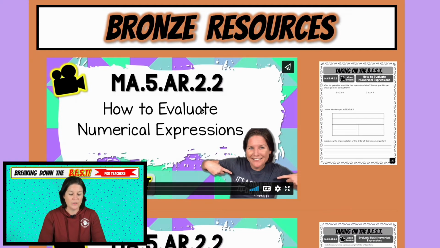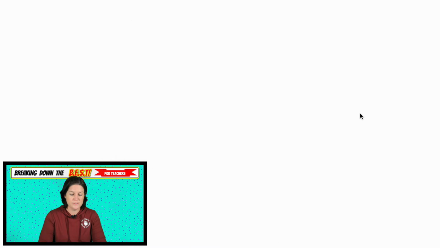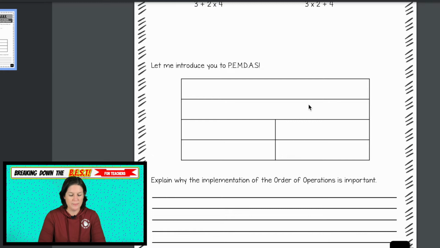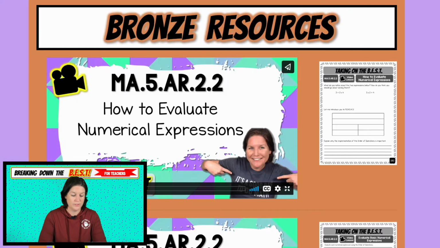So the first one is how to evaluate numerical expressions. And here it's a video lesson that guides them through, similar to what they were talking about in that standard breakdown. We have the same numbers there, different operations happening, and which order do we solve it in. We introduce PEMDAS and explain why the implementation of the order of operations is important.